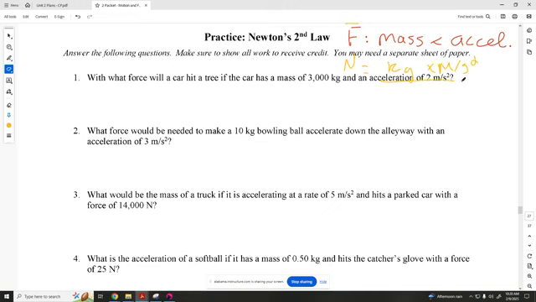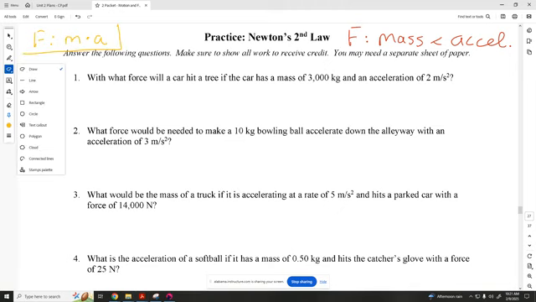So a Newton is a kilogram times meters per second squared. Force is equal to mass times acceleration, and we will abbreviate that as F is equal to M times A. That's the equation that we will go back to each time.